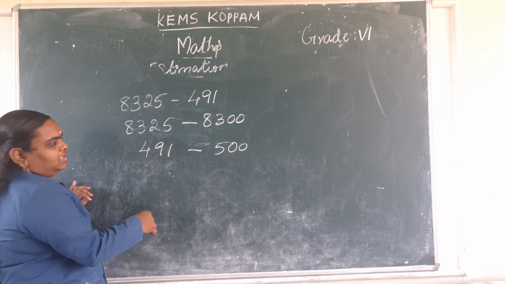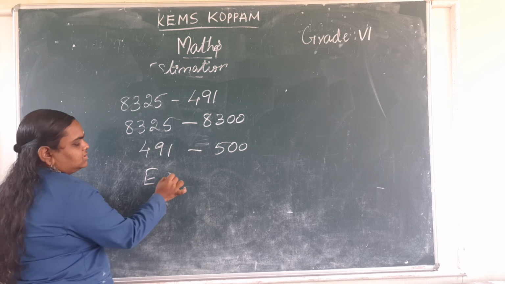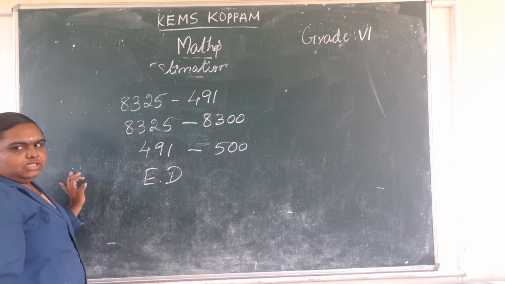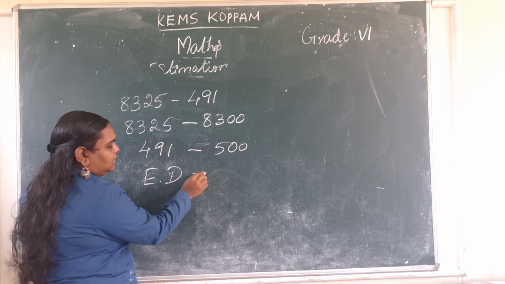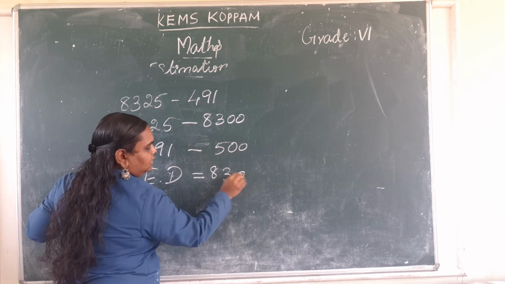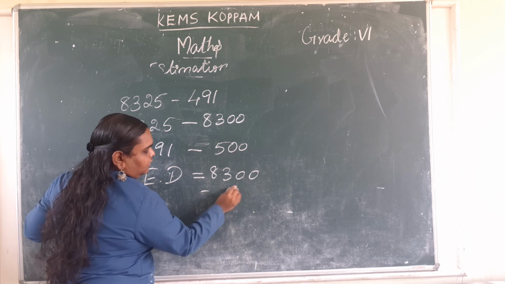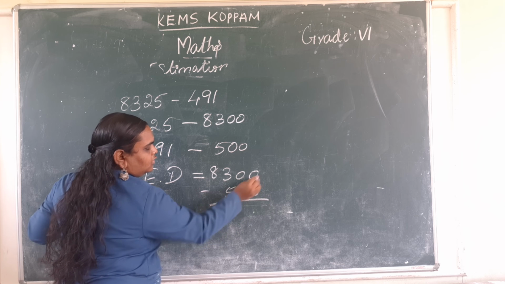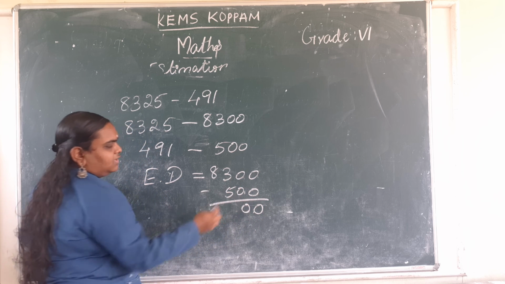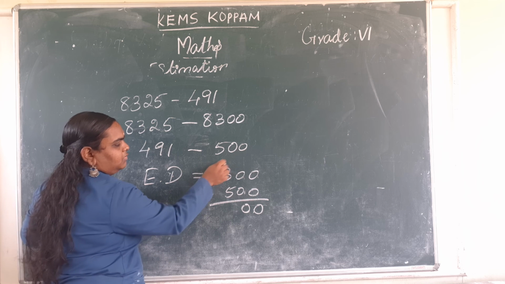So the estimated difference, I am taking ED for short form, estimated difference. 8300 minus 500. So 0 minus 0 is equal to 0, 0 minus 0 is 0. 3 minus 5 we can't take, so we are borrowing from 8.